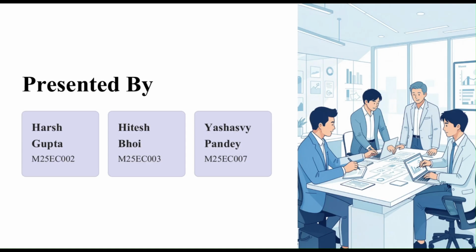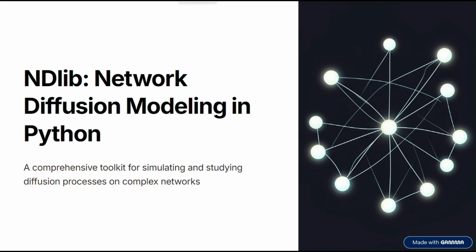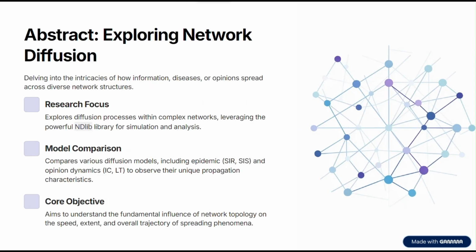Let's dive in. Network diffusion modeling in Python, a comprehensive toolkit for simulating and studying diffusion processes on complex networks. Network diffusion research focus explores diffusion processes within complex networks, leveraging the powerful NDlib library for simulation and analysis.